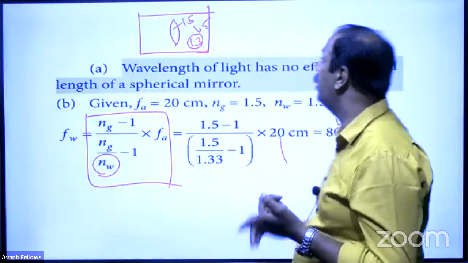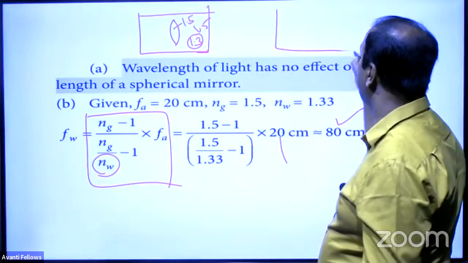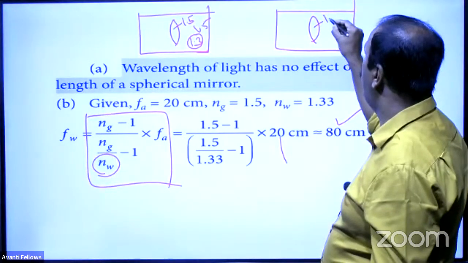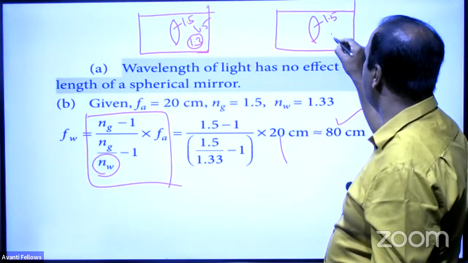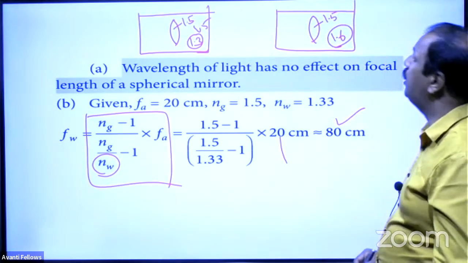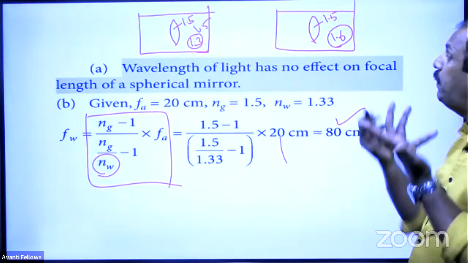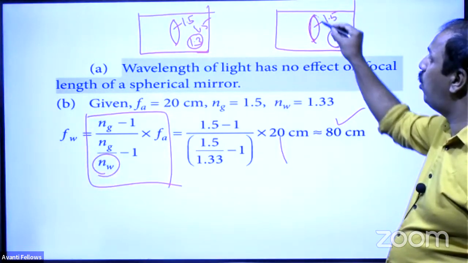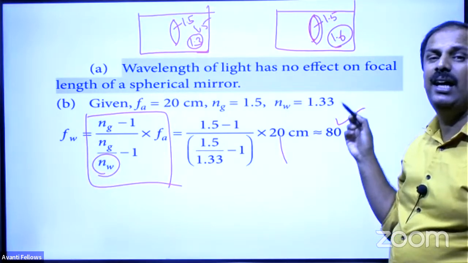Now that's not over. It can be opposite also. That is, you have a lens of 1.5 and the liquid is of 1.6. Then what will happen? If the refractive index of the liquid is more, then everything becomes opposite. That is, a convex lens will behave like a concave lens.